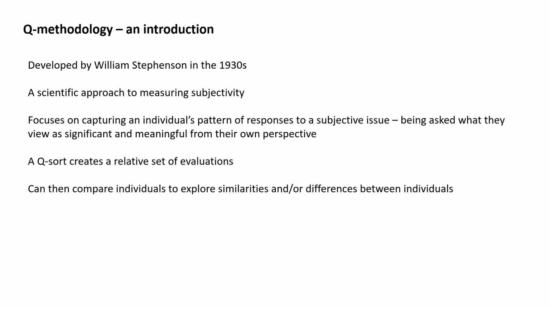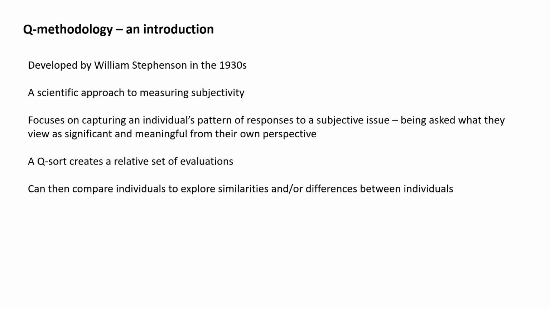Now, the way that we've done this is, as I say, to begin with, to use this thing called Q methodology. This is an approach to quantitative research that was developed by somebody called William Stevenson in the 1930s, an American psychologist. And what he was attempting to do was to create what he saw as a very scientific approach to measuring subjectivity.